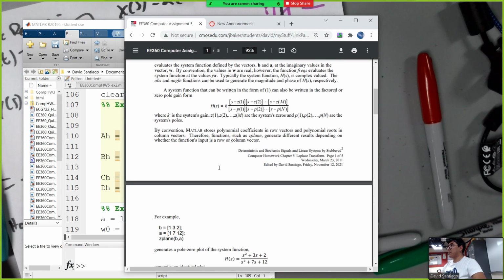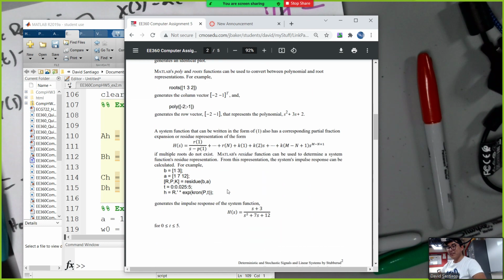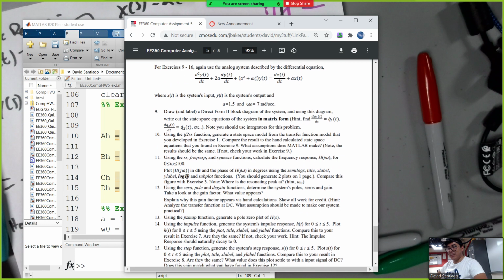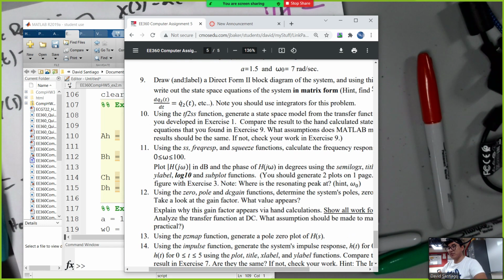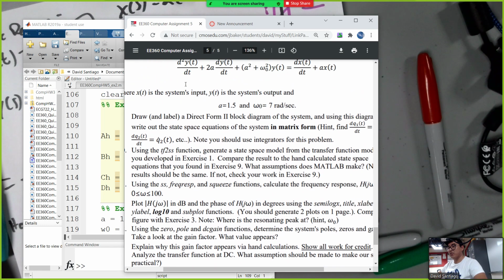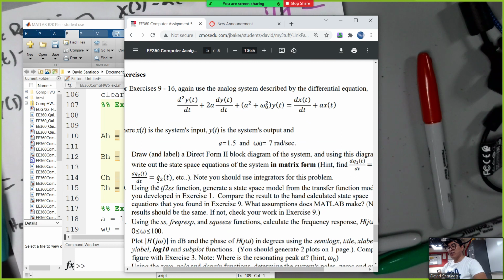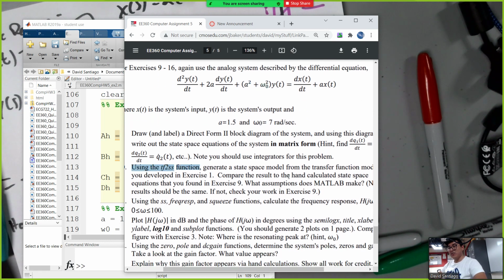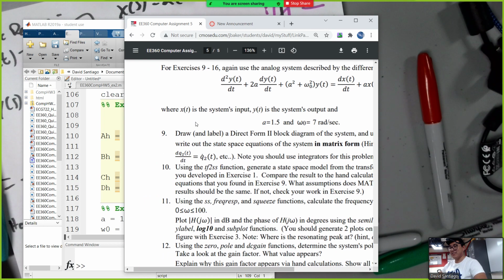You can actually verify this in MATLAB. In the second half of the assignment, you're using state space blocks. You're trying to draw and label a direct form 2 block, and then you can solve the hand calcs, easy peasy, and use MATLAB to verify your hand calcs of exercise 9.